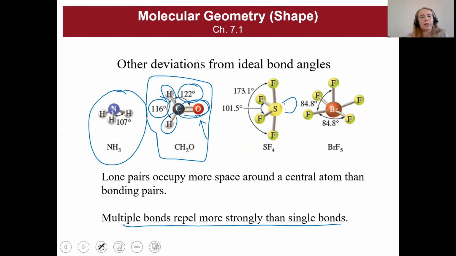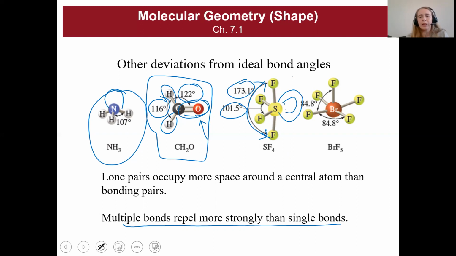And instead of having these two axial fluorines being 180 degrees away from each other, they're actually 173.1, a little bit less because this lone pair is taking up all the room, just like the lone pair on ammonia, making that bond angle smaller. It also makes the bond angle between the equatorial fluorines smaller, so that bond angle decreases to 101.5 instead of 120 degrees, whereas this one decreased from 180 to 173.